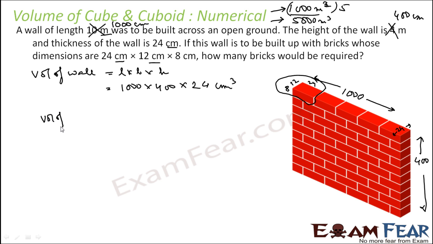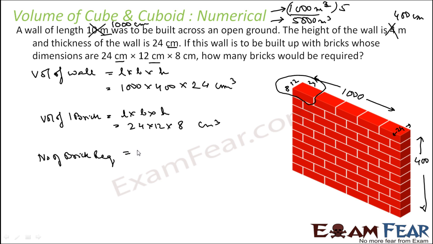So volume of one brick is how much? Again the same formula, length into breadth into height. What is the value? 24 into 12 into 8, and this is also centimeter cube. So the number of bricks required will be what? Volume of wall by volume of one brick.